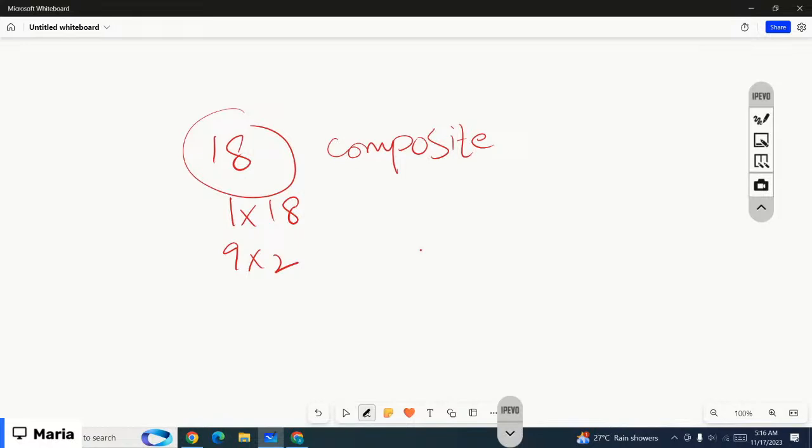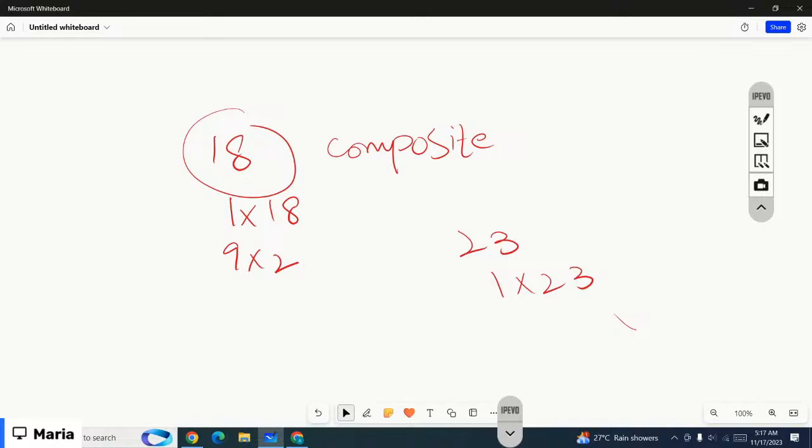Okay, let's just do another one. 23. Which two numbers when multiplied make 23? Do you have any other than 1 times 23? Think of the two numbers that when multiplied make 23.